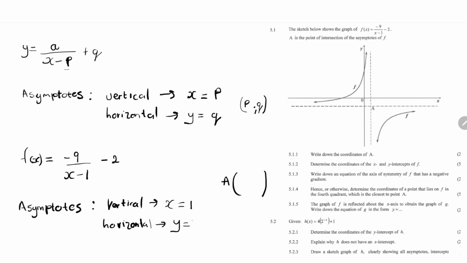So here y will be equal to -2. And then the point of intersection will be given by 1 comma -2. So those are the coordinates of A.